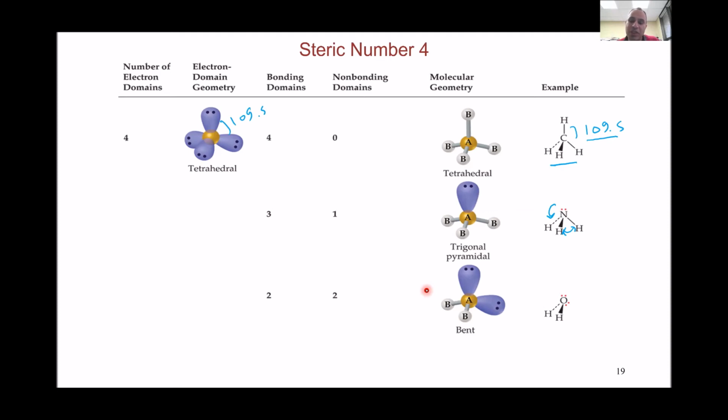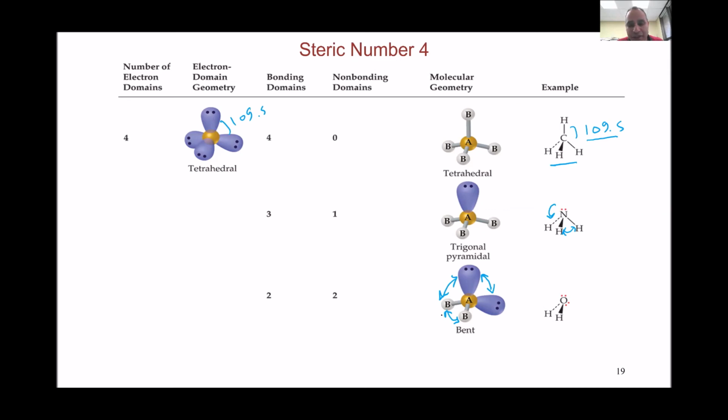So that bent shape in this case is going to have an angle that is ideally 109.5. However, as we said, it's going to be smaller than 109.5, because the repulsion between lone pairs and each other is larger than the repulsion between lone pairs and bonding pairs, which in turn is larger than the repulsion between bonding pairs and each other.